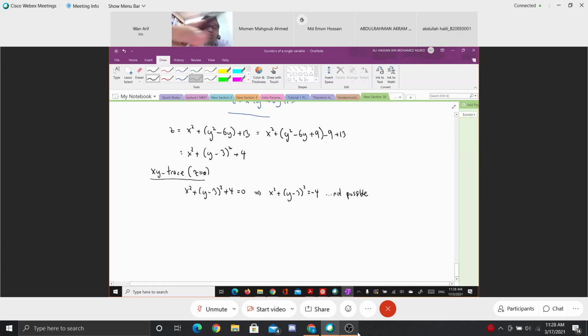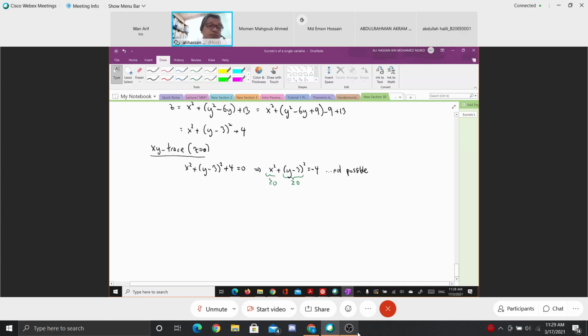Because x squared is always greater than or equal to 0, and (y minus 3) squared is also greater than or equal to 0. So the surface does not intersect the xy plane. Here we can conclude that the surface does not intersect the xy plane.